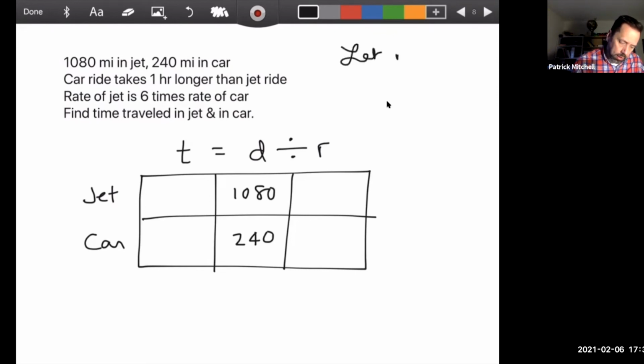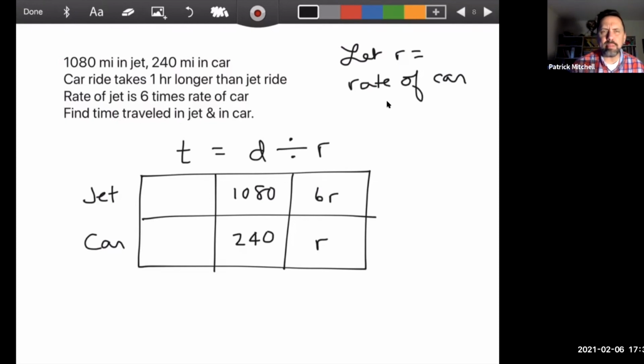Let R equal the rate of the, I'm going to make it the rate of the car, because then I can very easily write the rate of the jet as 6 times R. Okay. I think this problem is just maybe a little easier than the last one.